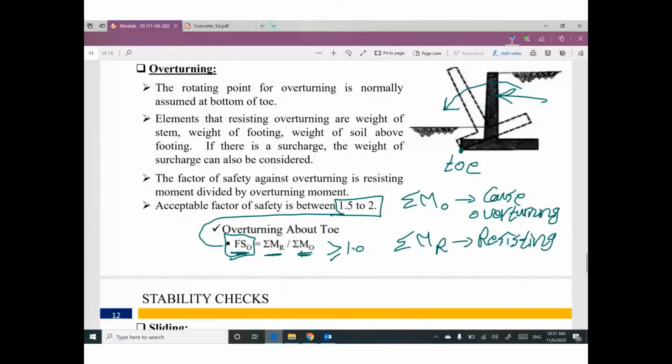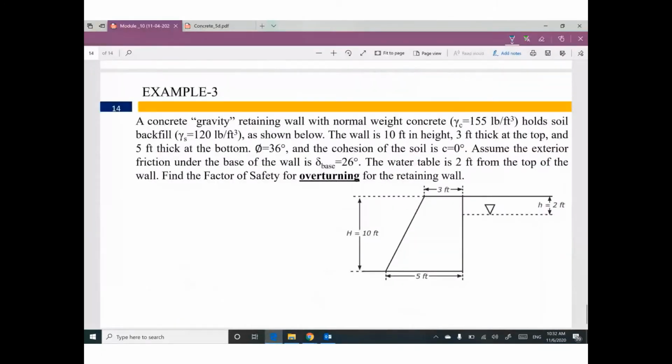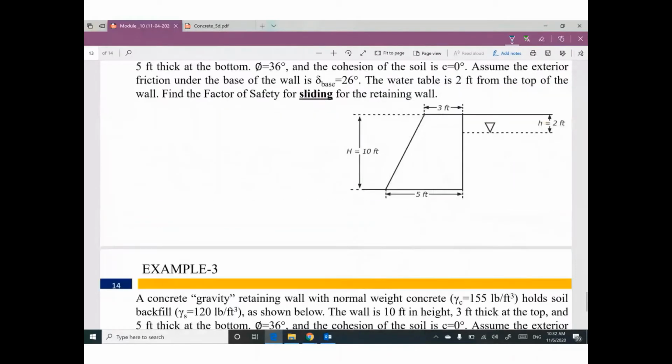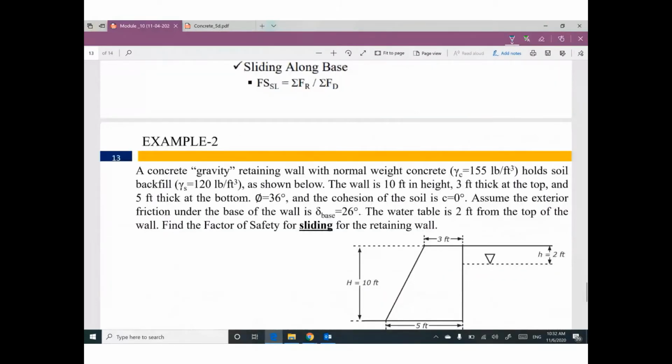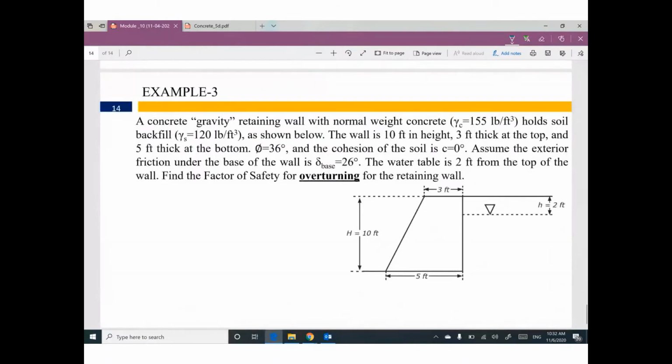Okay. Let me explain this example. Probably I will postpone checking sliding until next week. Let me do this example. We have a retaining wall with this dimension. The top width is 3 feet. The bottom width is 5 feet.